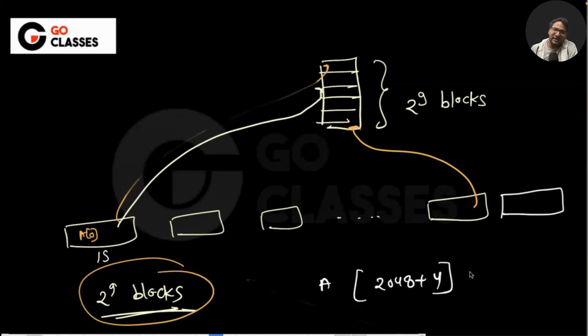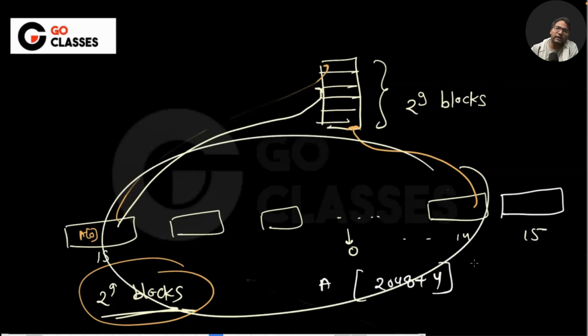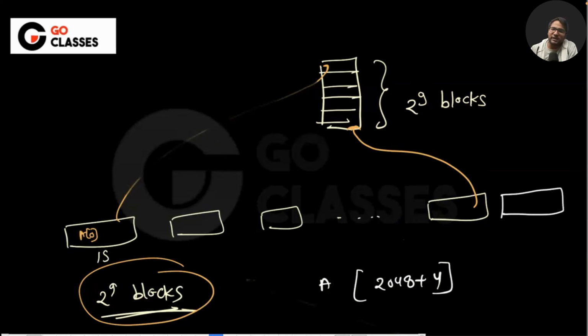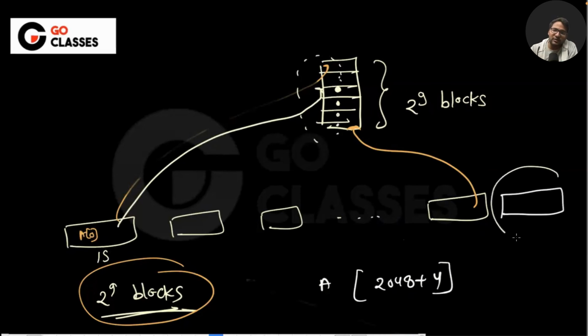Now it will again clash, right? It doesn't matter, the initial block number doesn't matter. From 15 it will keep going, and somewhere it will wrap to 0. So the absolute number doesn't matter. Then 1 to 14, then it will be 15 again, because this is 2 power 9. So even though this is a cycle, even though you start filling from some block here, some block there, ultimately the extra block will get remaining. That will map to this only.